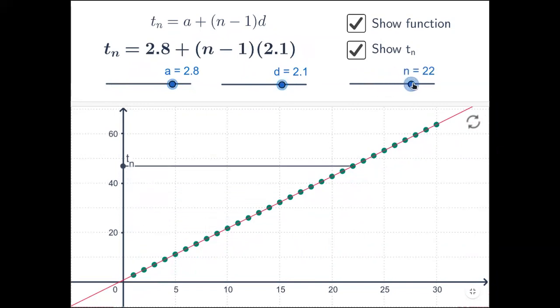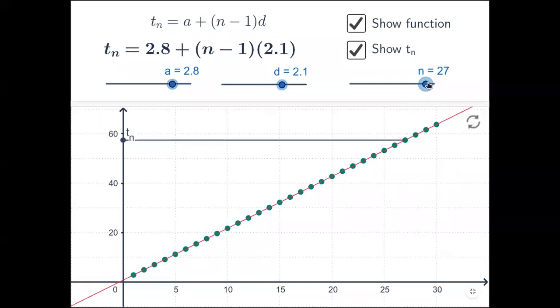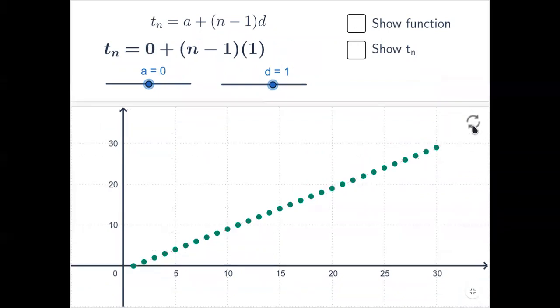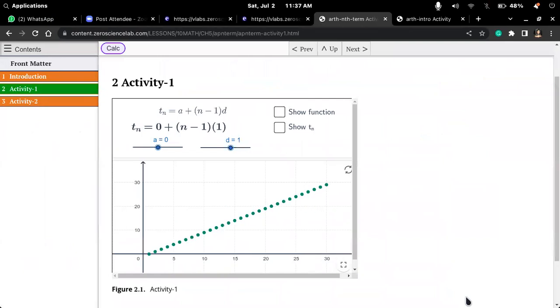I can find out any term from this graph. I can reset everything. So what we did in this activity is convert that formula into a graph.